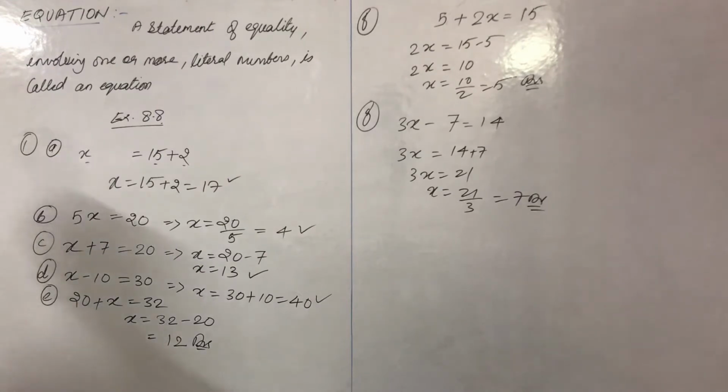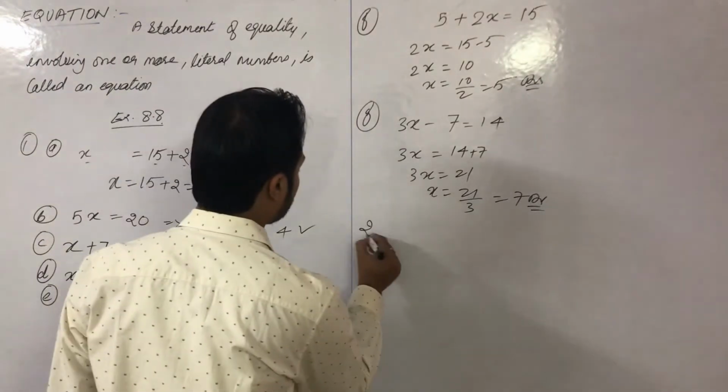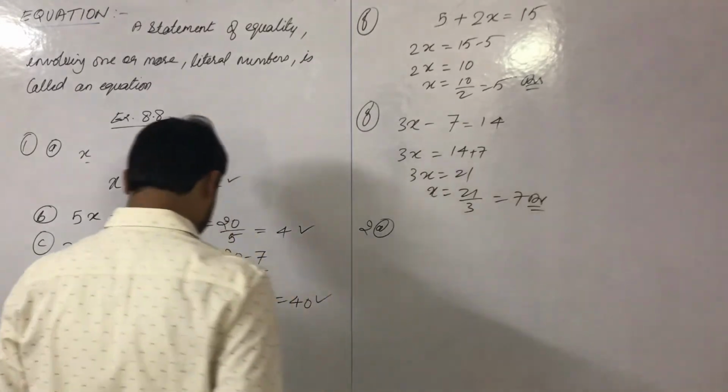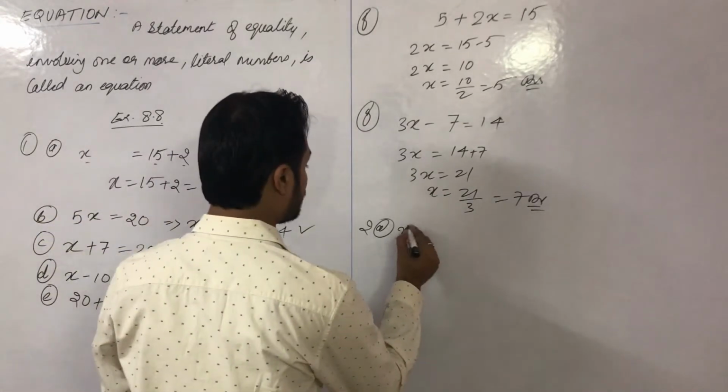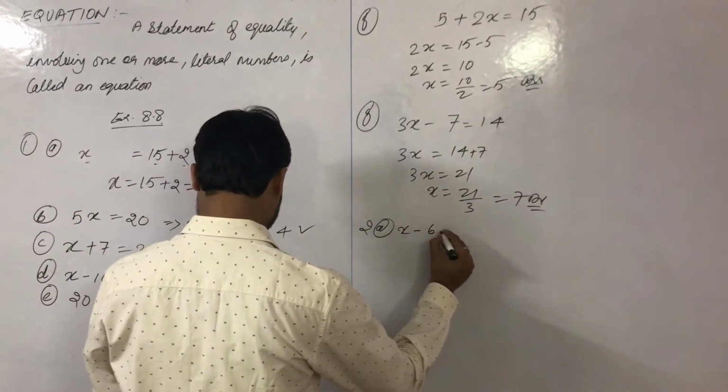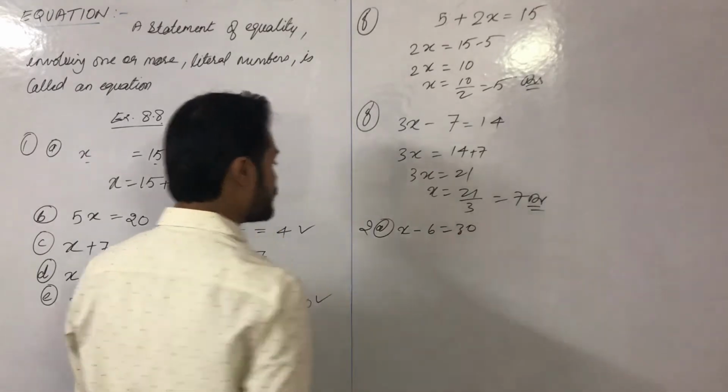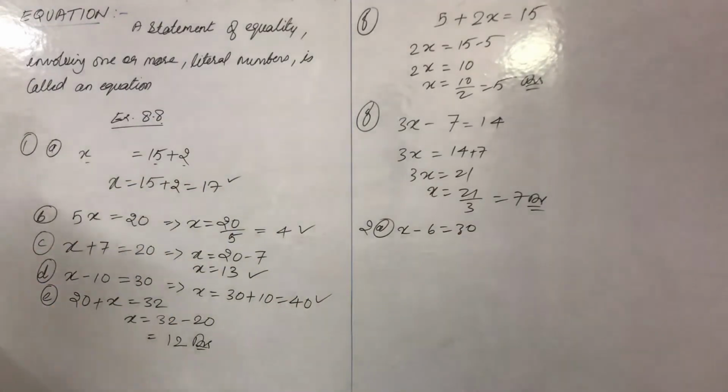Then the second question: write a verbal statement for each of these equations. For the next question, we have to write a verbal expression for x minus 7 equals 30. Similarly, x minus 6 equals 30. So x, the unknown number, minus 6 equals 30. What to write?